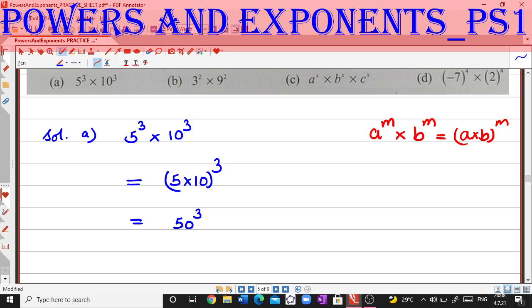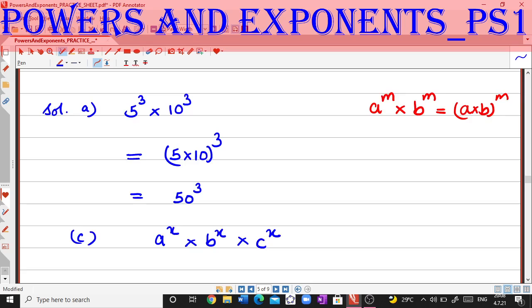Now let us see the C part. This is a to the power x multiplied by b to the power x multiplied by c to the power x. See, here also we are going to use this same rule. No matter whether the number of terms is increased, the concept will be the same. The rule which we apply in the case of 2 terms can be applied in case of 3, 4 or any number of terms.